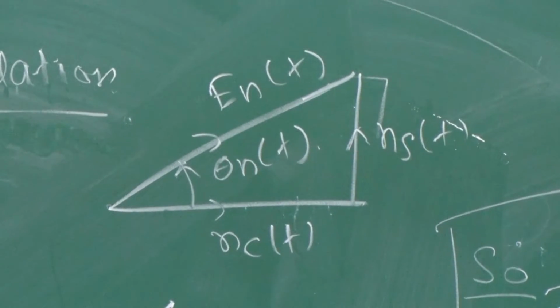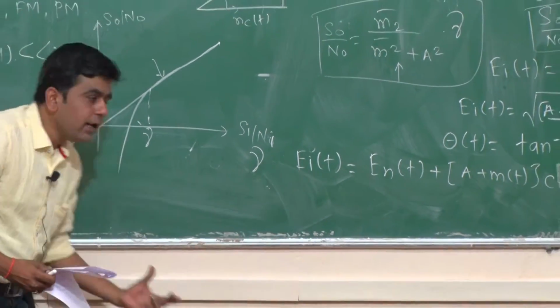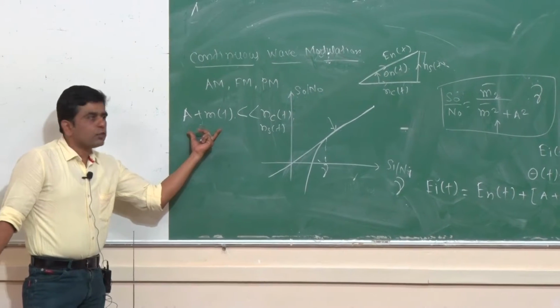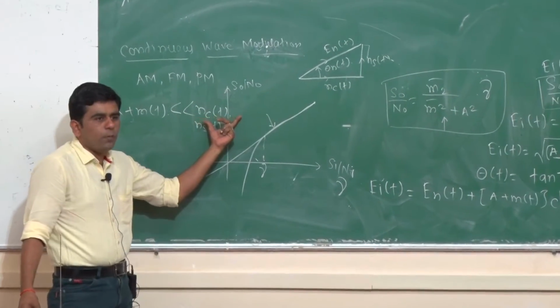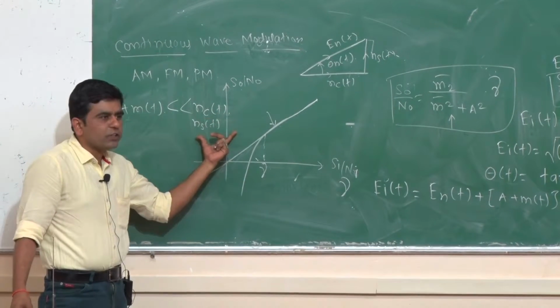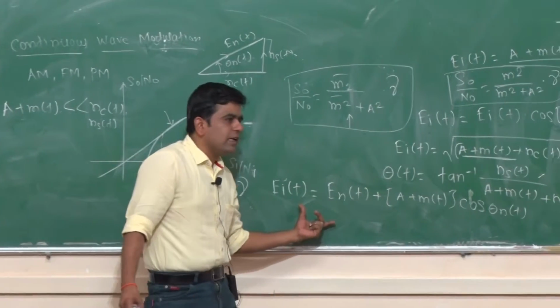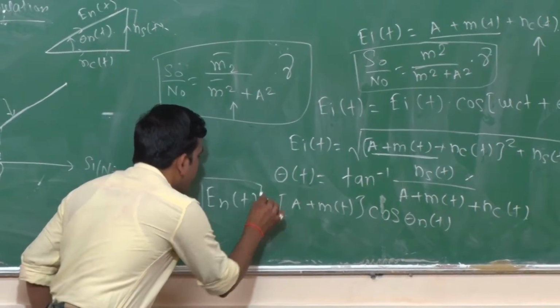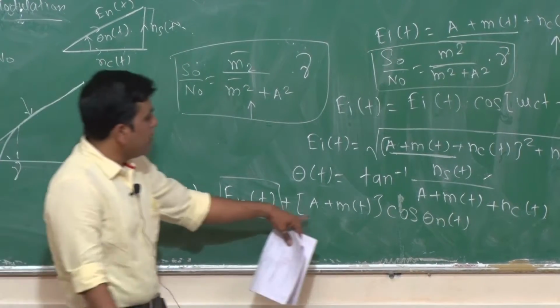So here this is the envelope for large noise case where a plus m of t is very much smaller than your noise power. So here we are having the in phase component Nc of t and quadrature component Ns of t from narrowband noise. So here we will get the envelope that is equal to En of t. This is a totally noisy term plus a plus m of t.